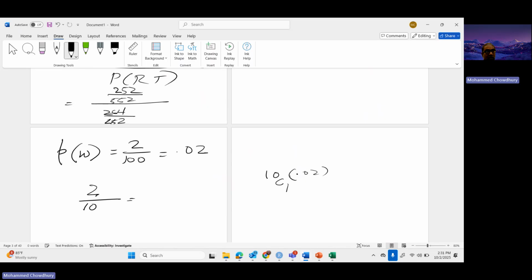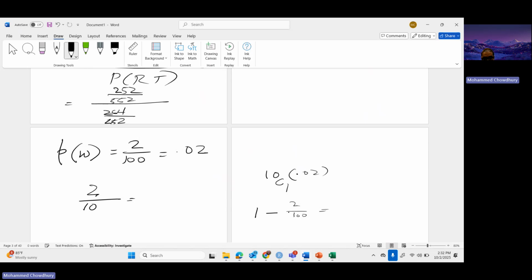We need at least one win, right? So it's the probability for one win. That would equal 1 minus P with no win. In that case, P without any wins would equal 98 over 100 to the power of 10.